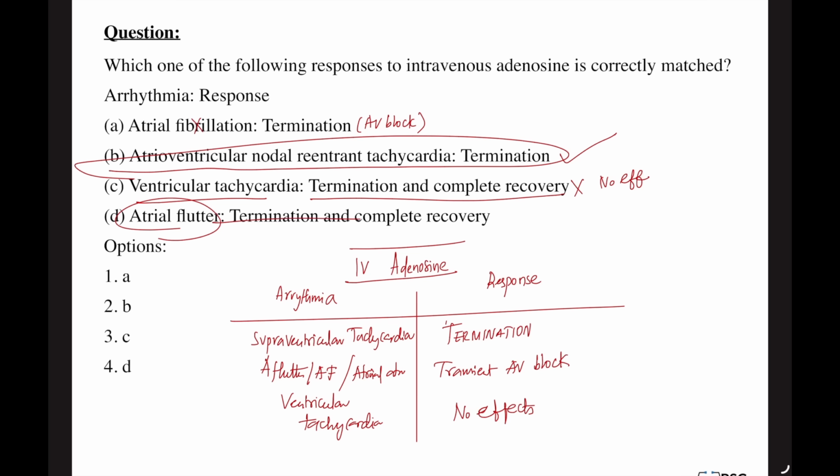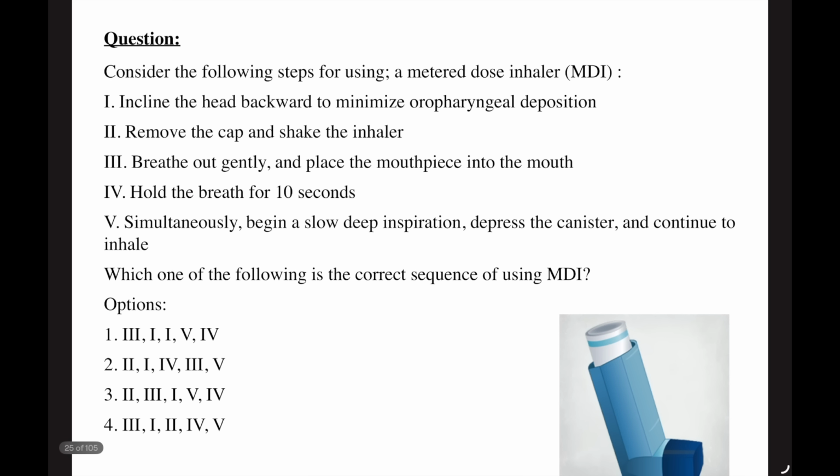Atrial flutter, also just AV block. So the correct matched response is supraventricular tachycardia with termination. Simple question. If they ask you supraventricular tachycardia, the drug of choice is IV adenosine. Instead, they have given a table with all the arrhythmias and the responses. The correct response in this question is option B.